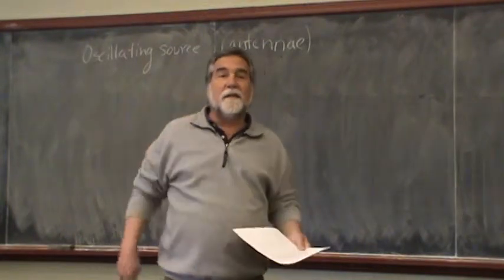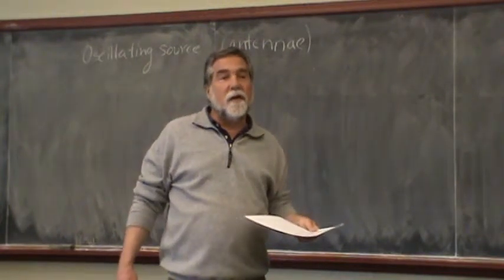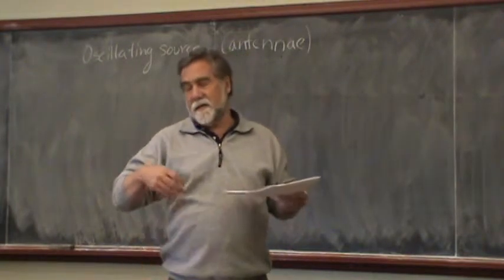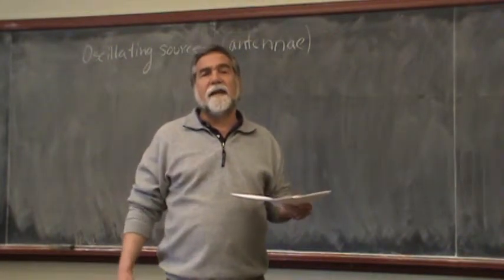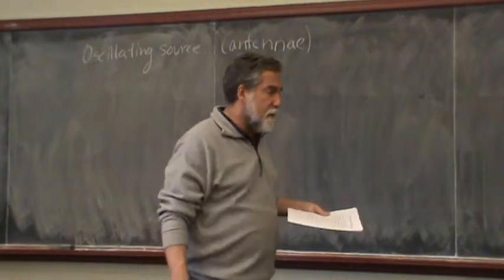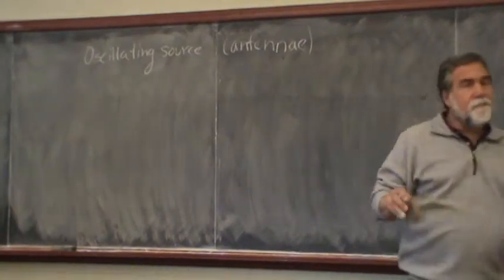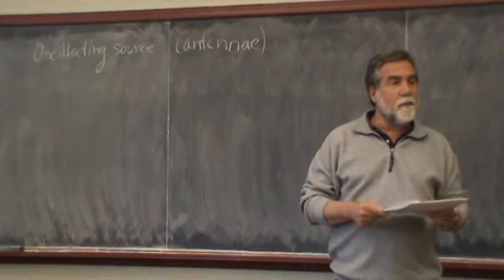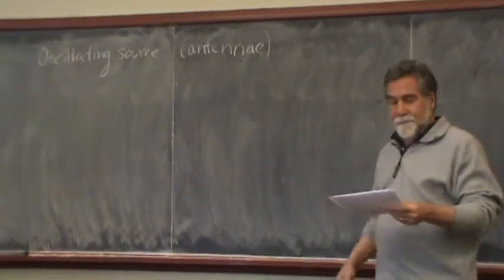An antenna typically is relatively large compared to the wavelength of the electromagnetic wave that is emitted. It sometimes is. I'll try to be clear about which set of approximations I'm using at which time.